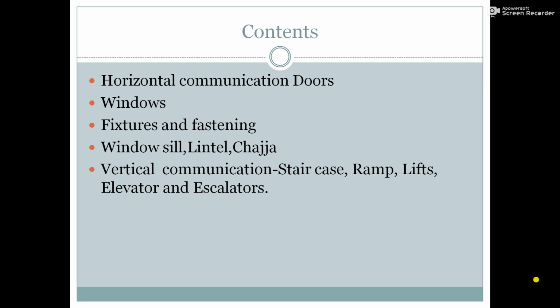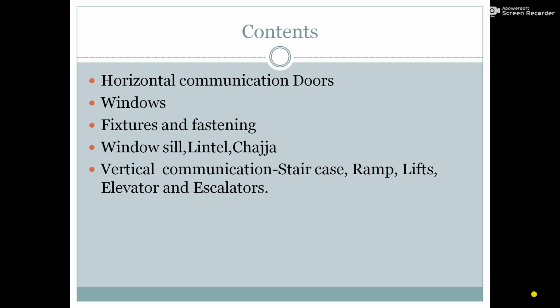In the horizontal communication, the doors play an important role. Horizontal communication means we are going to move from one room to another room. For that purpose, we are using doors.